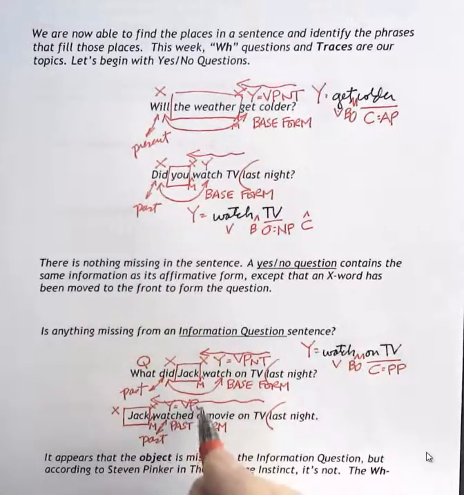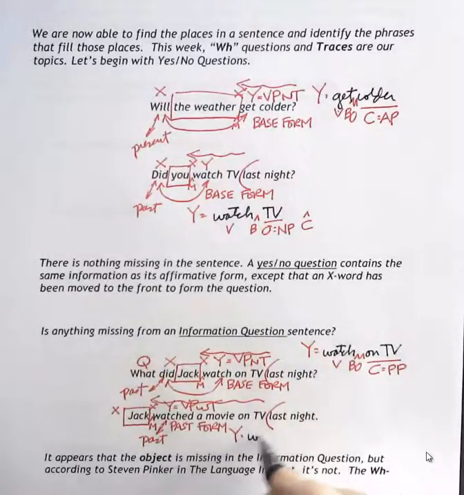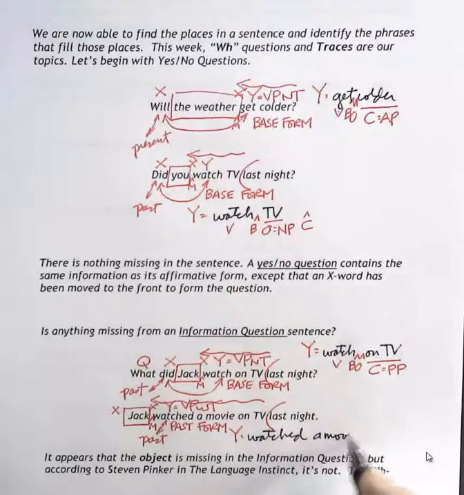Verb phrase with time. And let's take a closer look at the Y now. Watched a movie on TV. Watched is the verb, the particle. A movie is the object.